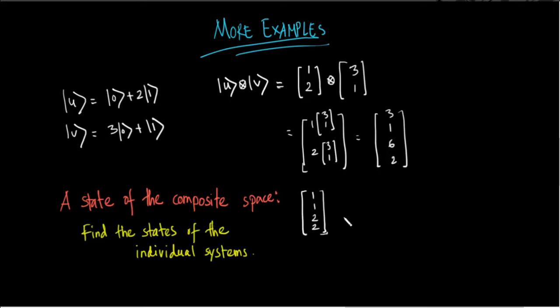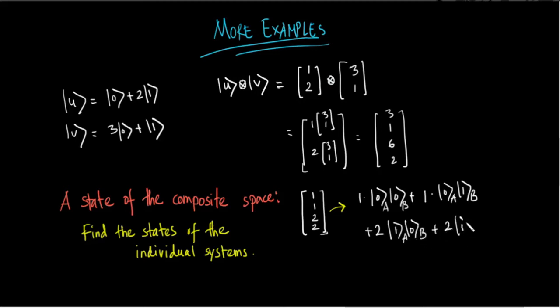So if we go back to the definition of our tensor product space, this is equivalent to 1 into |0a>|0b> plus, well, let's give a and b for clarity, 1 into |0a>|1b> plus 2 into |1a>|0b> plus 2 into |1a>|1b>.